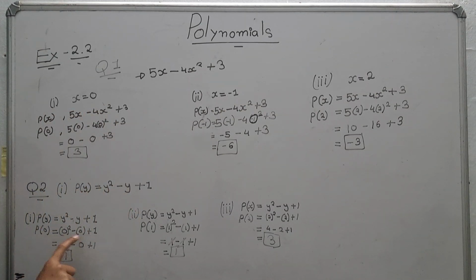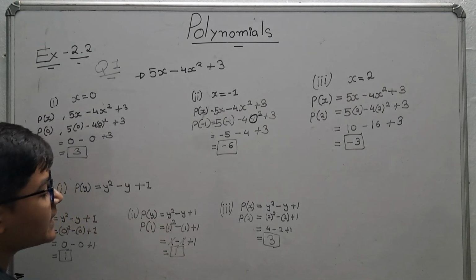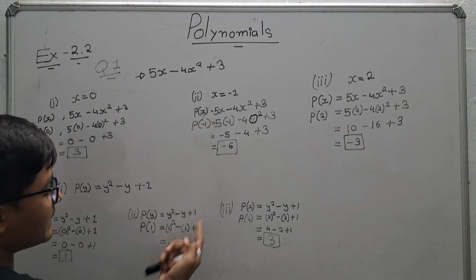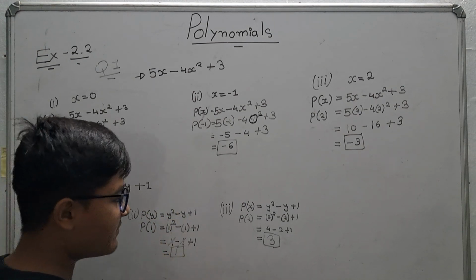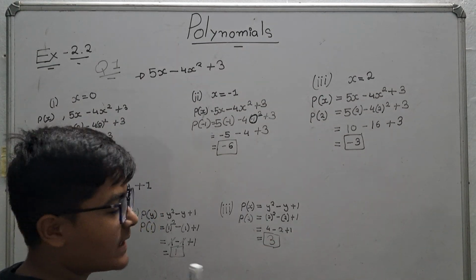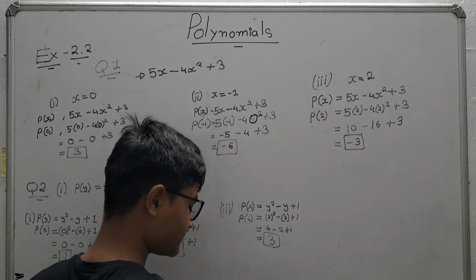When you put 0, all the variable terms become 0, and the only answer you will get is 1. Then when you put 1 in place of y, you will get plus 1 minus 1 plus 1. So plus 1 minus 1 will cancel, and the answer will be 1. Then when you put 2 in place of y.